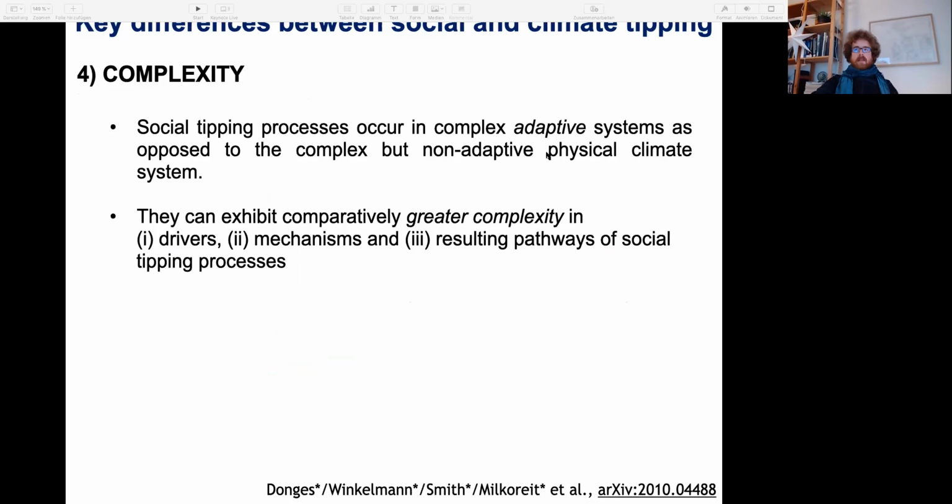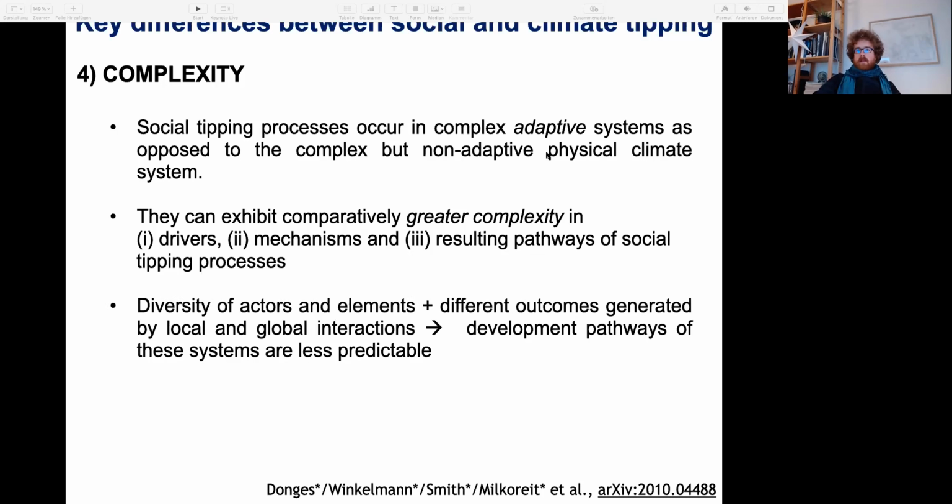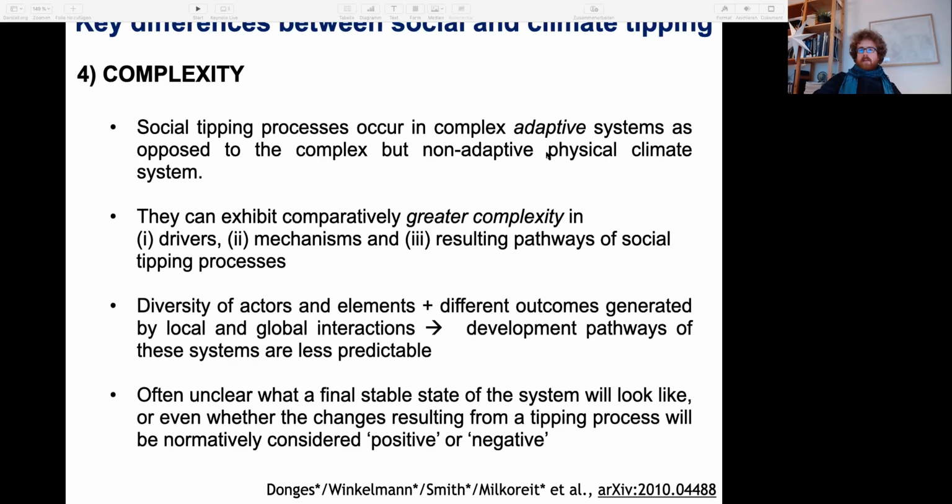And greater complexity can mean a larger number of variables, for example, higher dimensionality, larger diversity and heterogeneity of processes that are involved. And then there's the diversity of actors and elements, different outcomes generated by local and global interactions. Development pathways of these systems are less predictable.